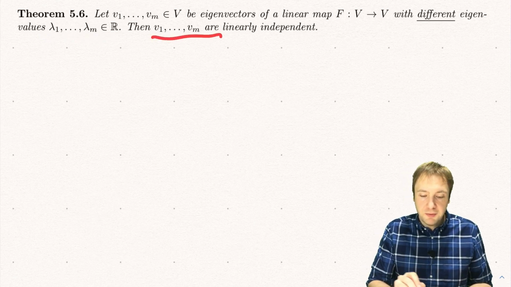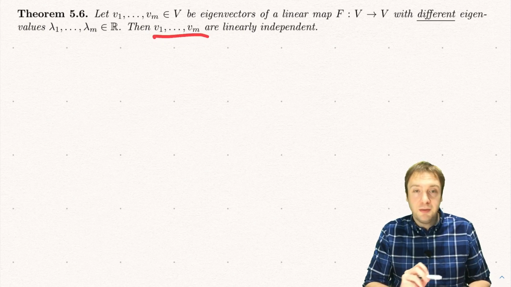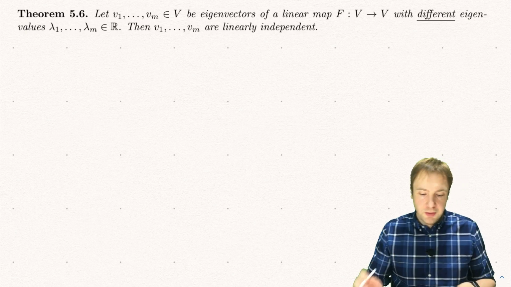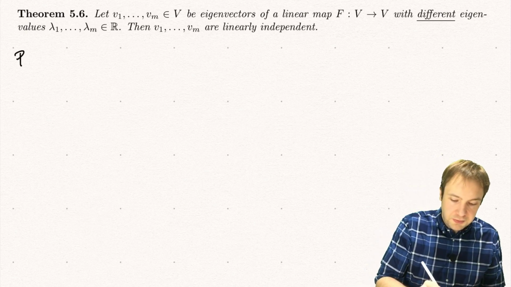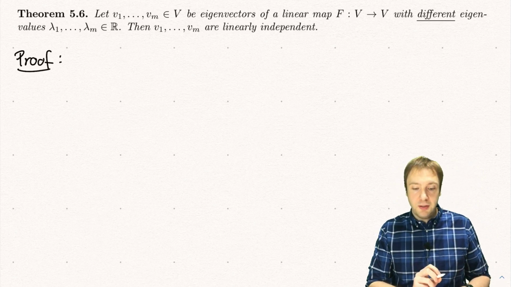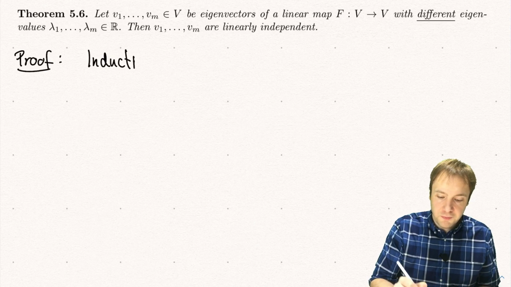And then the statement is, if they all are eigenvectors to different eigenvalues, then these vectors are automatically linearly independent. So let's prove this. And this we want to prove by induction on m, so on the number of these vectors.